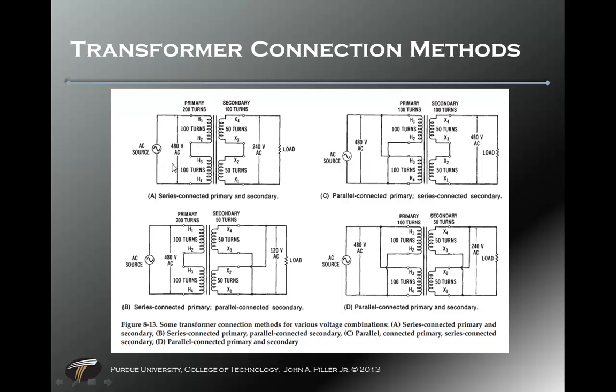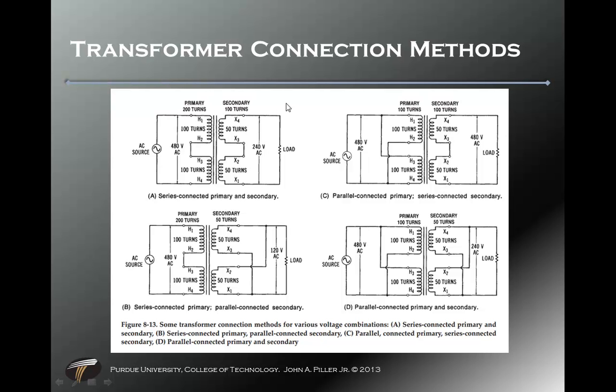So if we have 480 going in and we put these two coils, the H1, H2 coil, in series with the H3, H4 coil, we end up with the X1, X2, X3, X4 coils in series also. And we have a 480 to 240 transformer, which is essentially 200 turns to 100 turns.